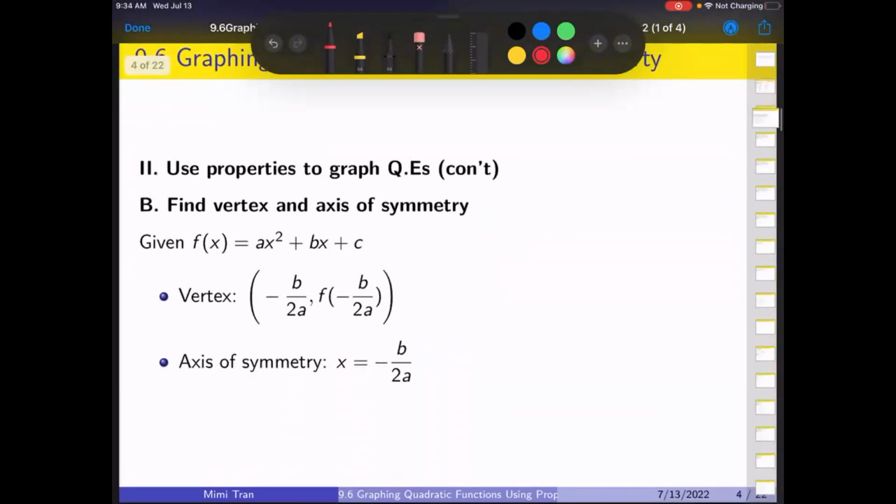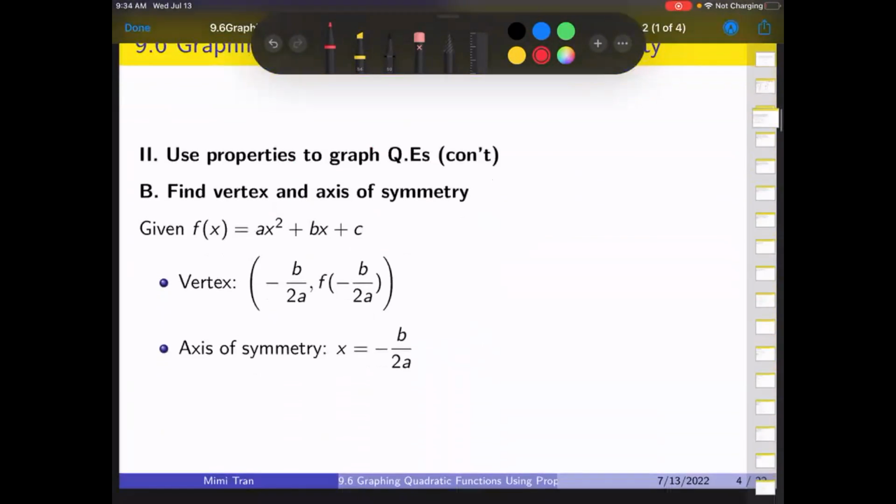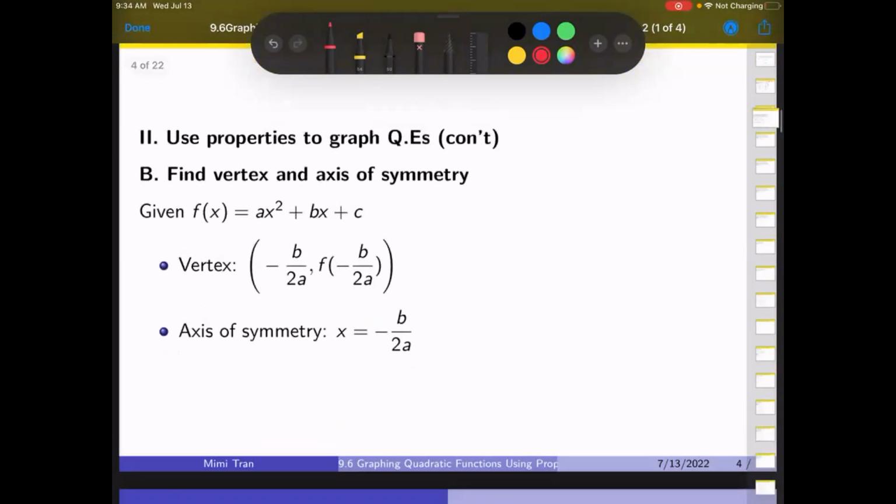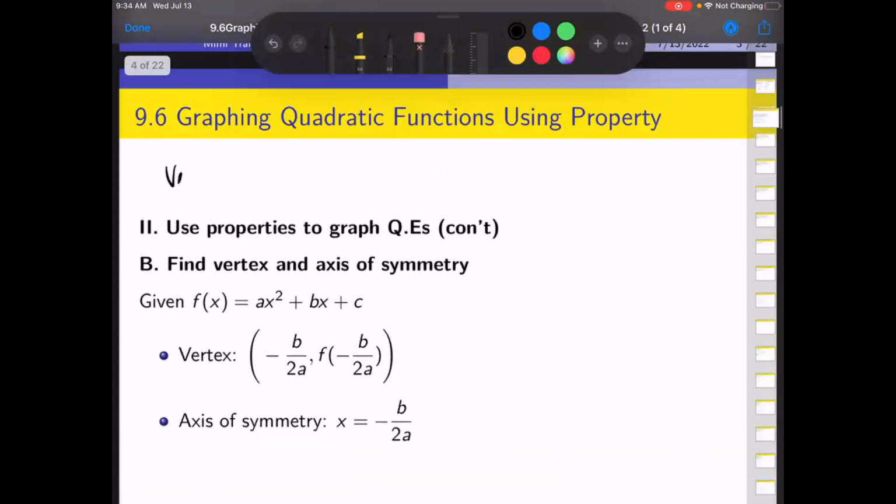The second one is the vertex and the axis of symmetry. This one is from your quiz. What is a vertex? Vertex is either the minimum or the maximum of the graph. A parabola has a shape, so the vertex is either the max or min of the quadratic graph.